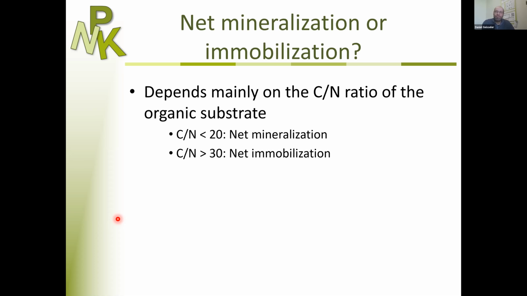These are not fixed thresholds, and you will see next time with organic amendments, we actually found that the threshold may be a bit lower than 20, but just as a rule of thumb, if the C/N ratio is less than 20, you can expect some nitrogen mineralization. If it's higher than 30, it's very likely that the material is going to immobilize nitrogen and make, in the short term at least, nitrogen less available in the soil.